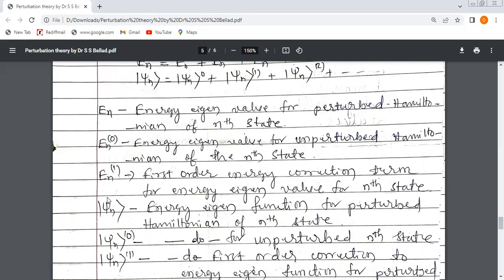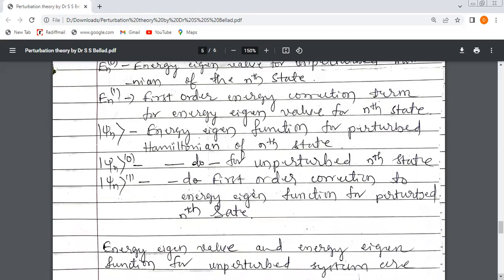And this psi n is in Dirac notation. This is a ket psi n. So ket psi n is the energy eigenfunction for the perturbed Hamiltonian of the nth state.